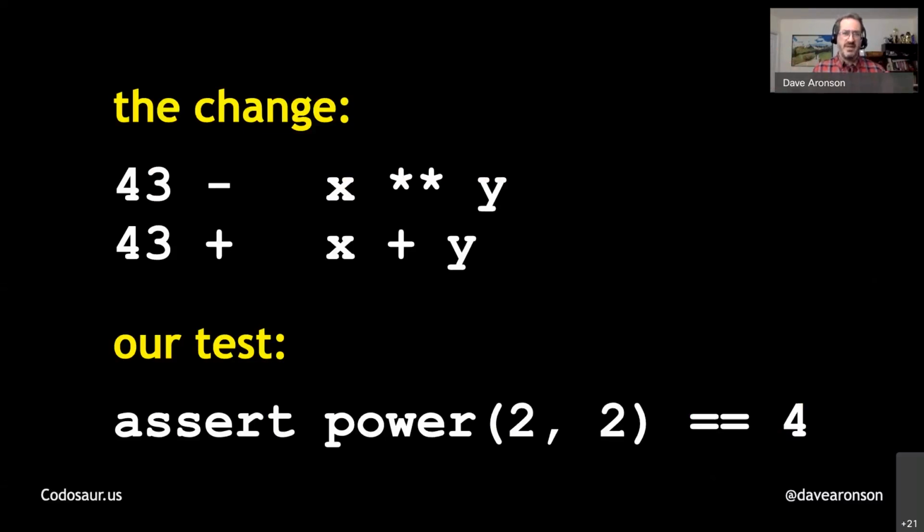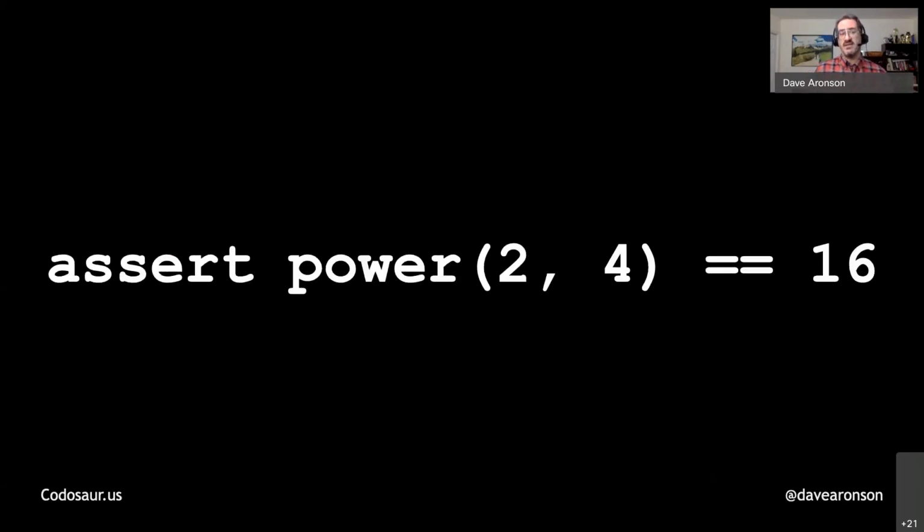It's quite simple in this case. We just need to make at least one test use arguments such that x to the y is different from x plus y. For instance, we could add a test or change our existing test to something like this, to assert that 2 to the 4th power is 16.